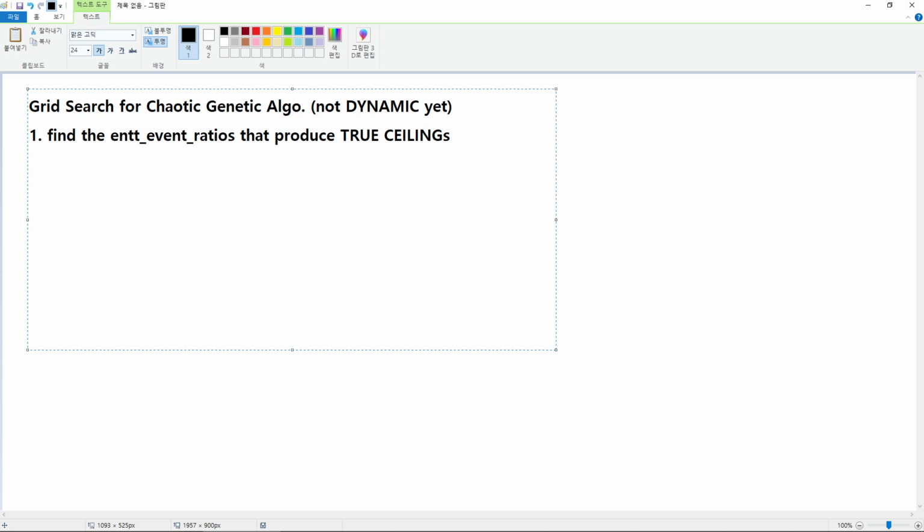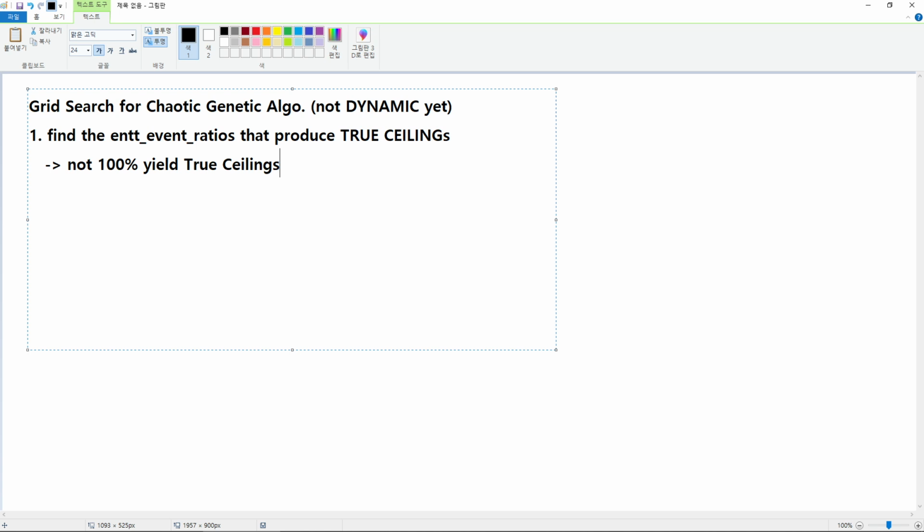Now, of course, this doesn't mean that whatever entity event ratios end up producing true ceilings will always produce, or rather yield, true ceilings.